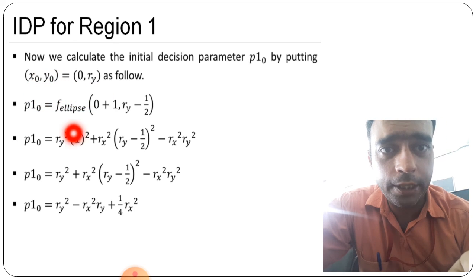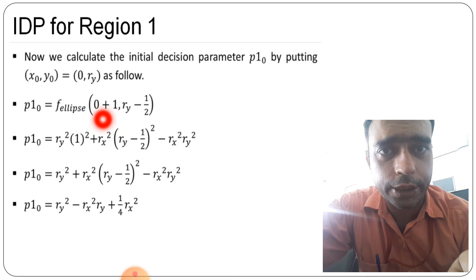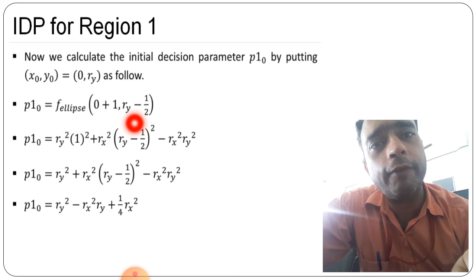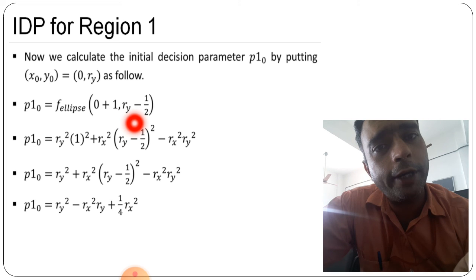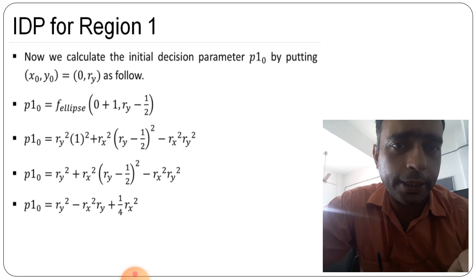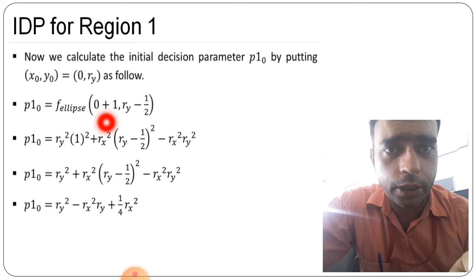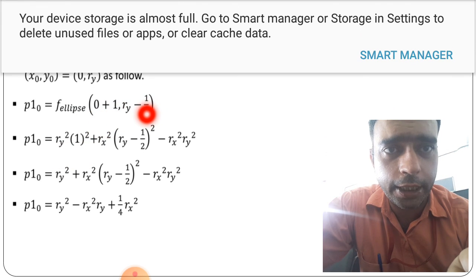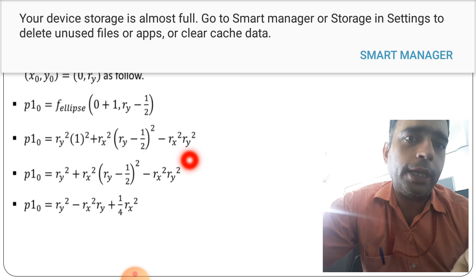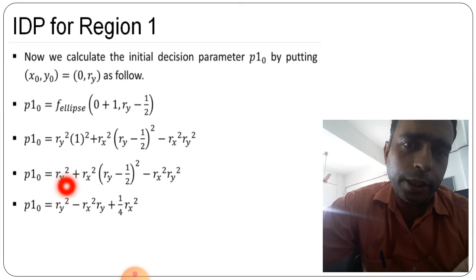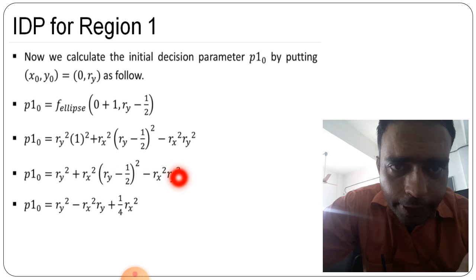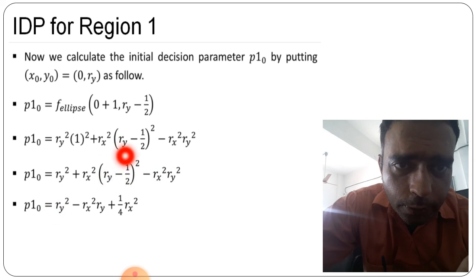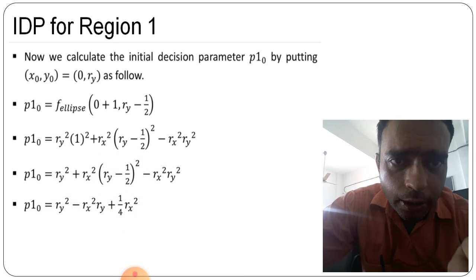So here we are taking p10 is equal to, this 0 is taken for x0 and ry is taken for y. We have to replace this part with this particular one. Here it is taken, and ry minus half here it is taken. So minus rx square minus ry square it is taken. So opening the brackets we will get, and finally opening this particular bracket we will get this part, right?